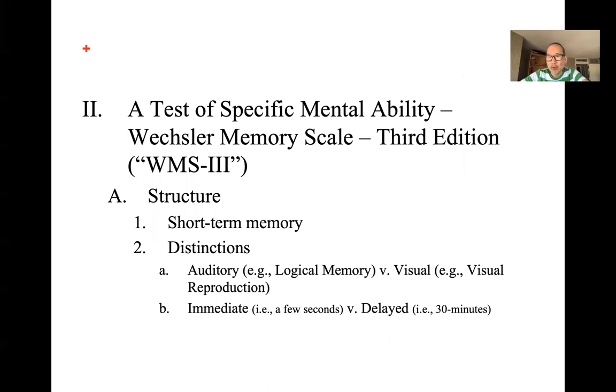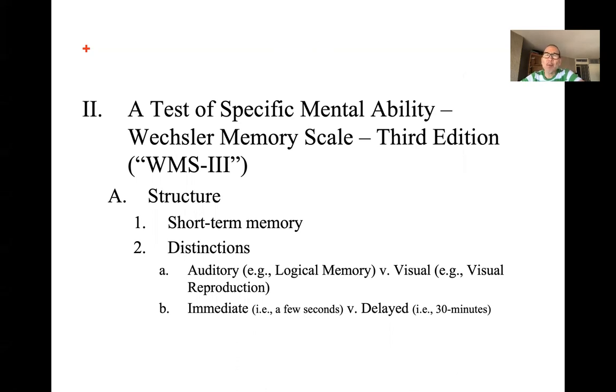Now, the way it's structured, it can measure both short-term and longer-term memory. It also makes a distinction between auditory versus visual memory. So memory for things that they hear, logical memory, as well as visual memory, seeing a picture and being able to reproduce it.